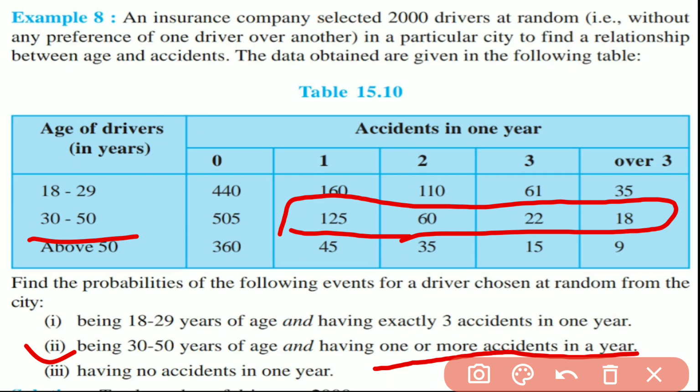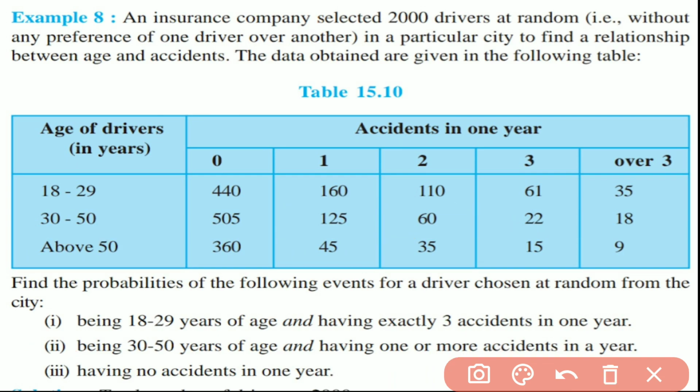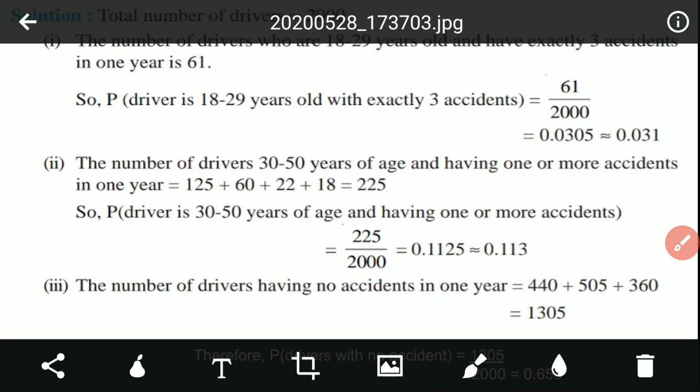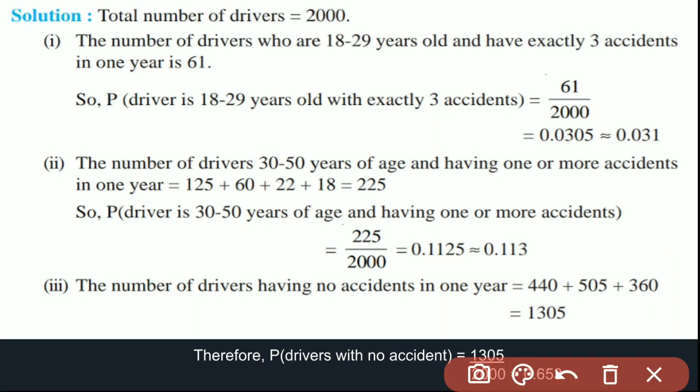When we sum up 18 and 22, that is 40, plus 60 is 100, and 125 makes 225. So for the second condition, 225 is the solution. Yes, we can see 225 is the result: 125 plus 60 plus 22 plus 18 is 225.